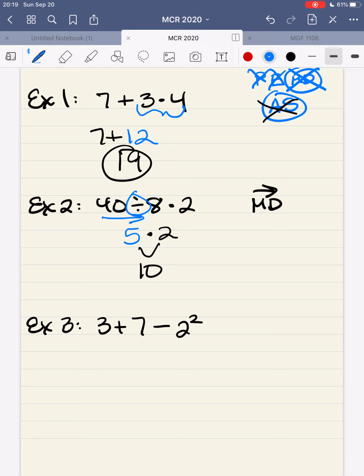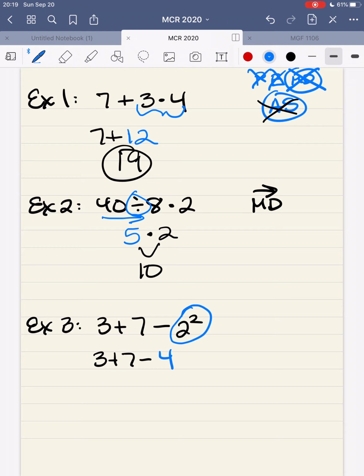Okay. Example 3, I'm going to go back through, and you always go all the way through your order of operations. So do I have parentheses here? No. Do I have an exponent? Absolutely, I have an exponent right here. So I have my 3 plus 7 minus, and my 2 squared is 4. That's 2 times 2. Okay, do I have any multiplication or division?